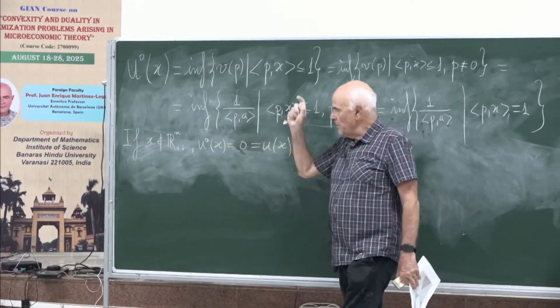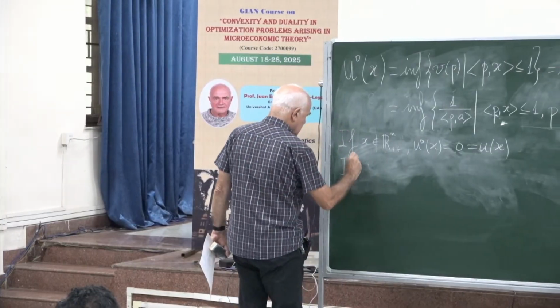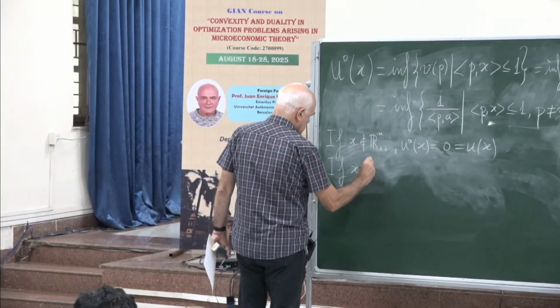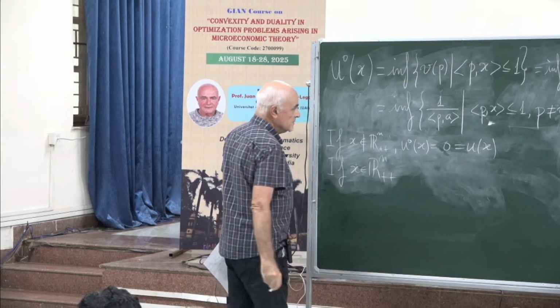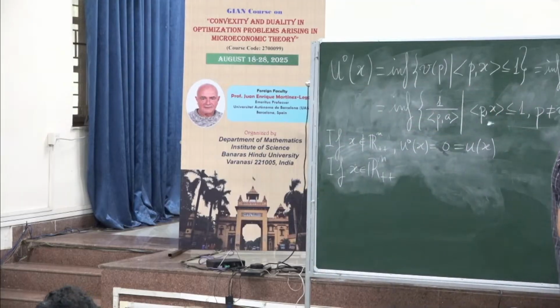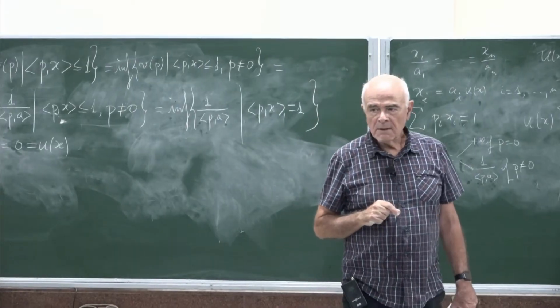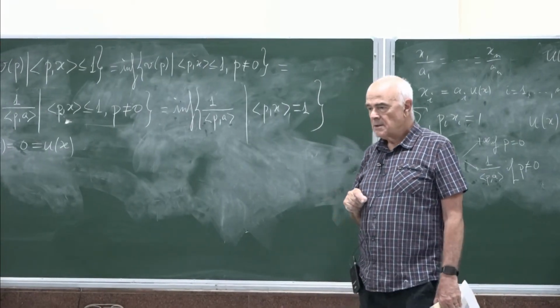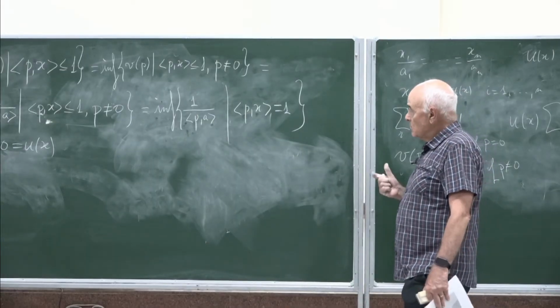But now let us consider the more interesting case in which x has all of its components positive. Now it's when I am very happy, because we are on a compact set, actually a compact polytope.